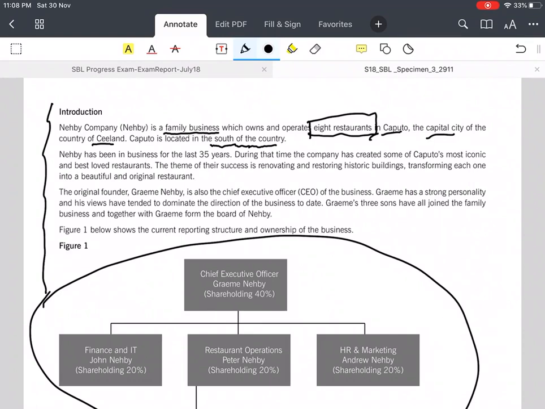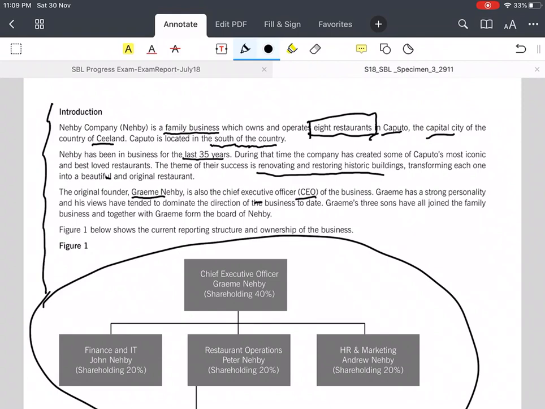Nearby has been in business for the last 35 years, a well-established business. During that time, the company has created some of Caputo's most iconic and best loved restaurants. The theme of their success is renovating and restoring historic buildings, transforming each one into a beautiful and original restaurant. The original founder, Graham, is also the chief executive officer.